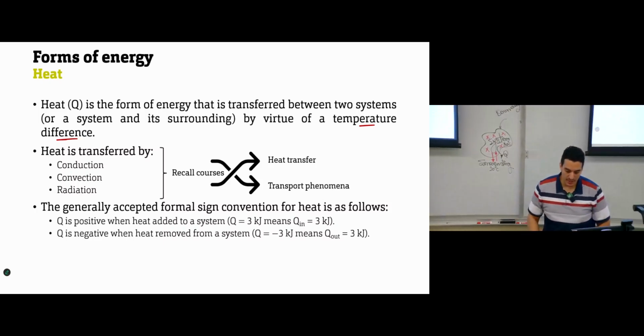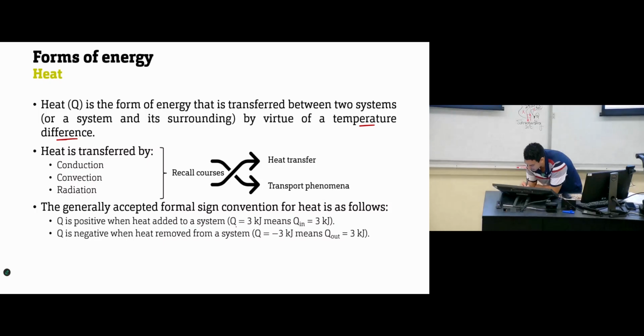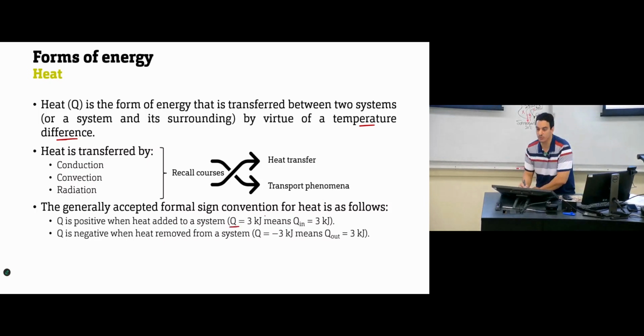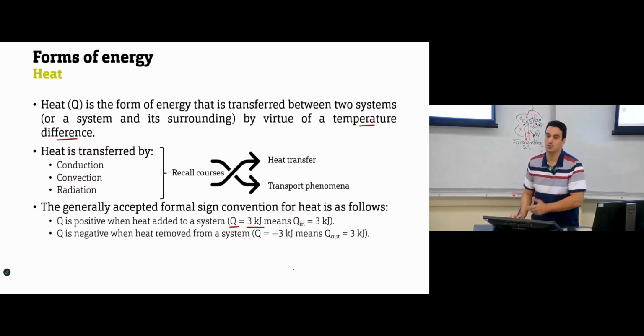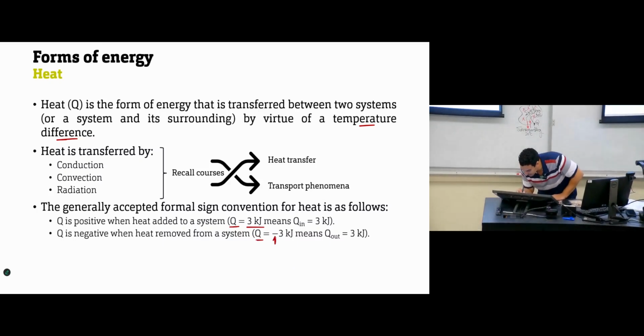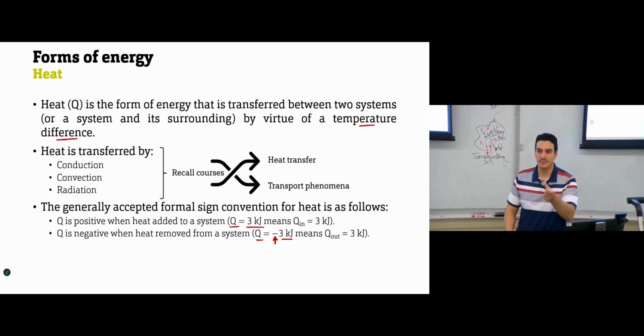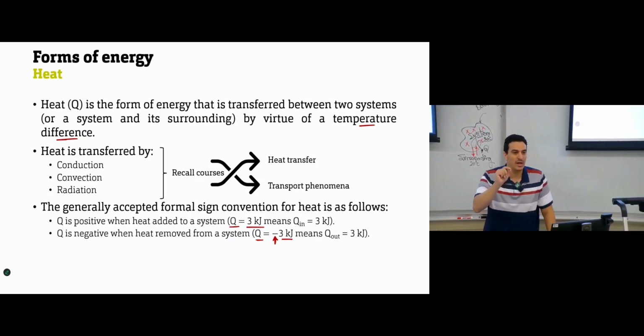This is why we see a sign convention. In the problems, I can tell you that Q, the amount of heat transfer, is 3 kilojoule, or that it is negative 3 kilojoule. We use this sign difference just to give you an idea about the direction of heat transfer.